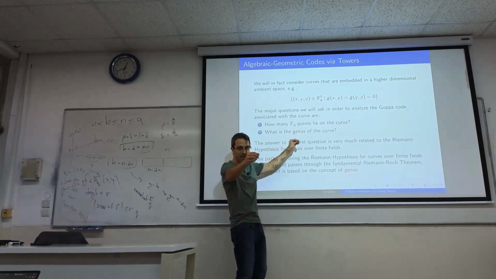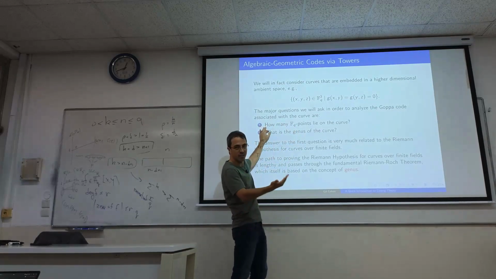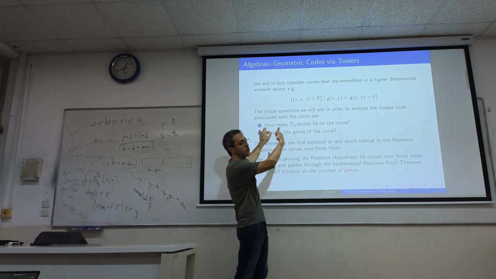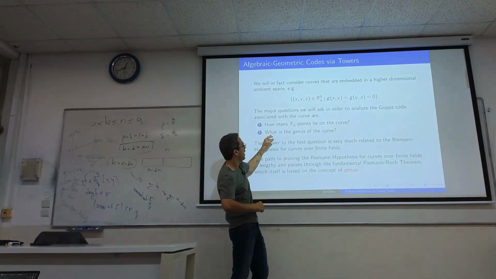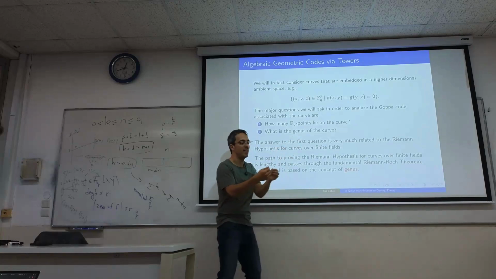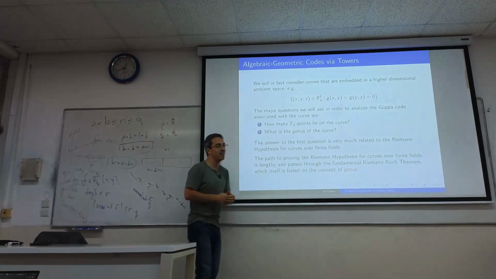How many points do you have? That's a deep question: how many solutions you have to an algebraic equation, like Diophantus. And the genus of the curve is going to be related to the rate. Even after you know what n is, you don't know what k is.